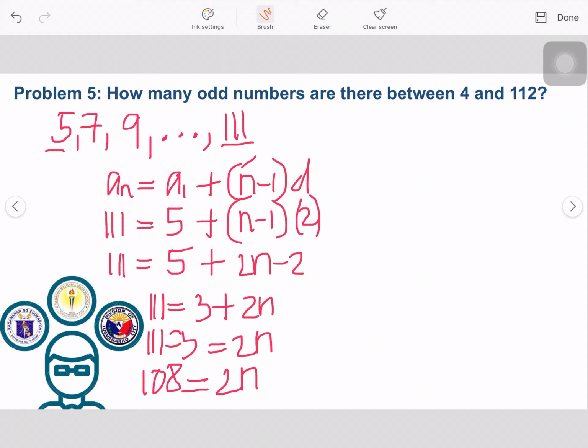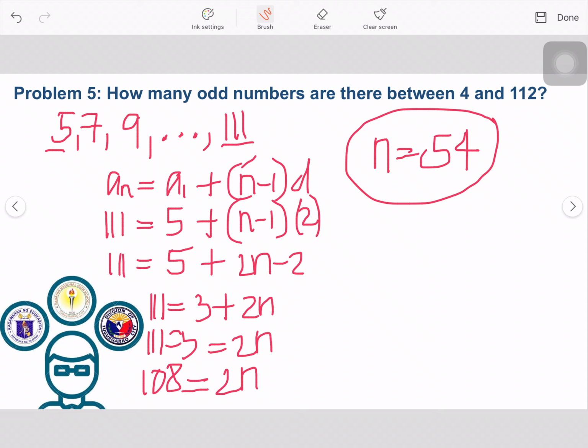Hence, we now have a value of n which is equal to 108 over 2, that's equal to 54. Therefore, if we are going to answer the question, how many odd numbers are there between 5 and 112? There are actually 54 odd numbers between 5 and 112.